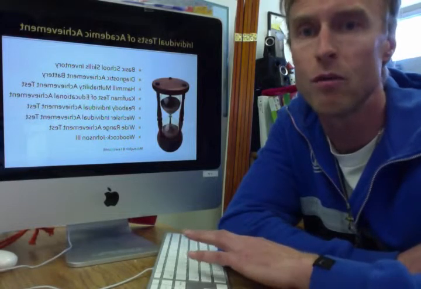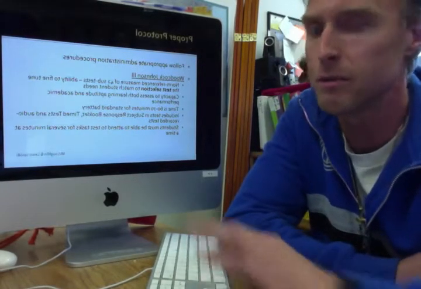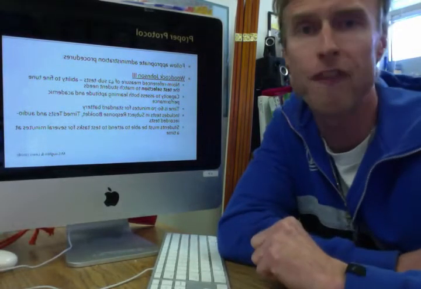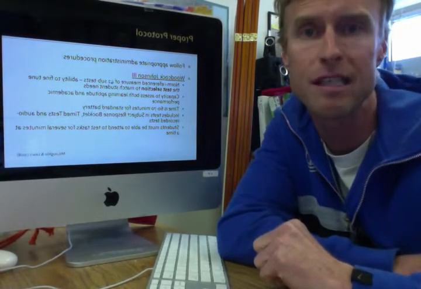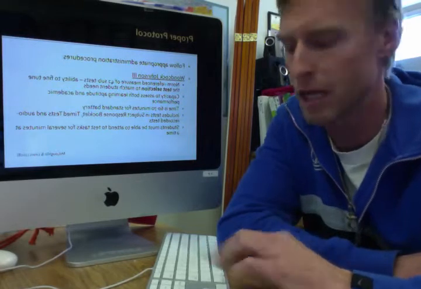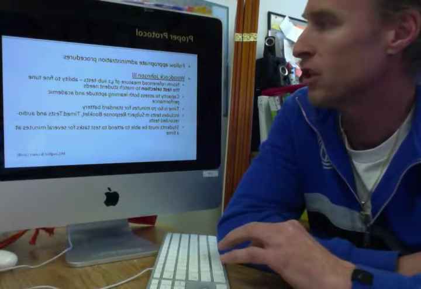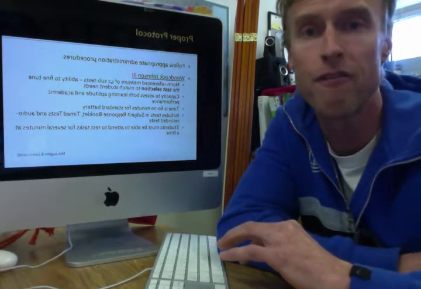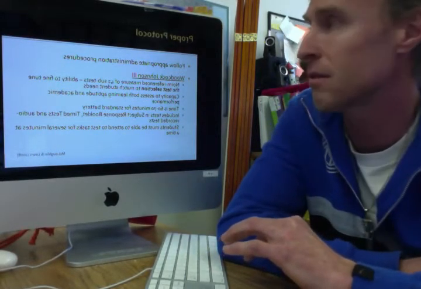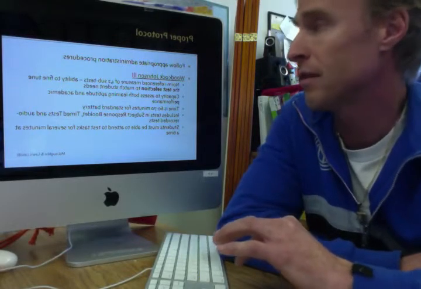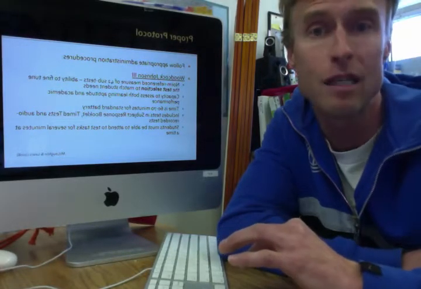So as far as the Woodcock-Johnson goes, proper protocol dictates we follow those administration procedures. And the Woodcock-Johnson, which is a norm-referenced measure of 42 subtests, has the ability to fine-tune the test selection to match the student's needs.